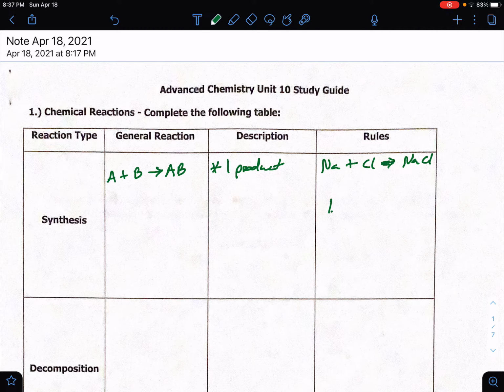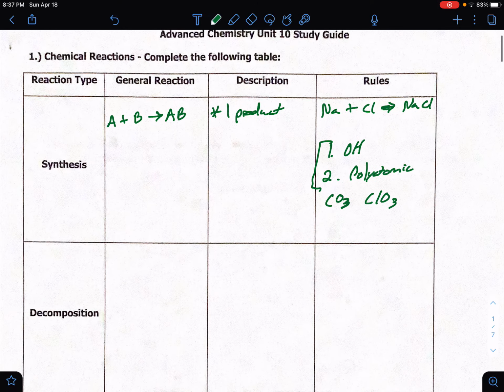If I can make hydroxide, I will. And if I can make a polyatomic, I'll make a polyatomic. What I mean by that is if I can make carbonate, that's CO3, and chlorate is ClO3. We'll do examples on that in a little bit, but this is the way I remember it once you get past that binary.